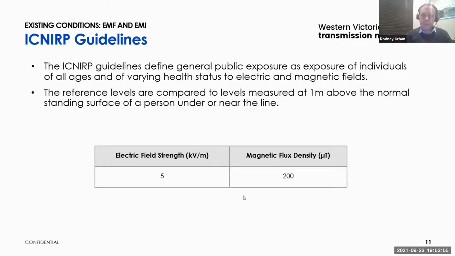Going back to the previous slides where we saw typical measured levels, we were talking about less than 1 microtesla being typical in a household environment, and possibly going up to a few microtesla near high voltage transmission lines and electrical cables under sidewalks and in street areas. So they're much lower than these reference levels defined by the international community.